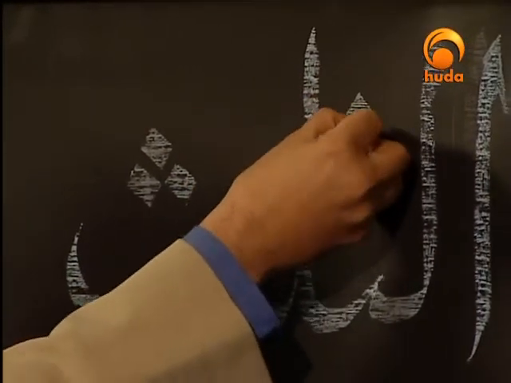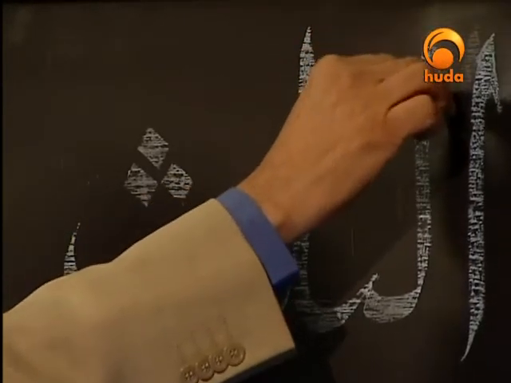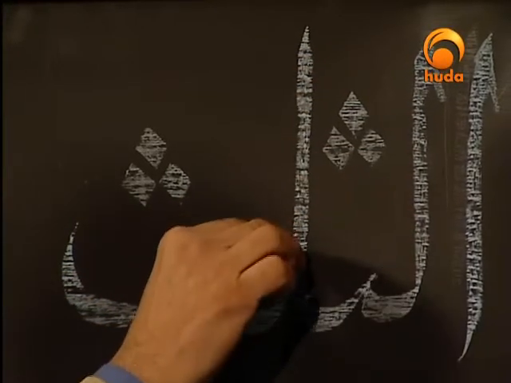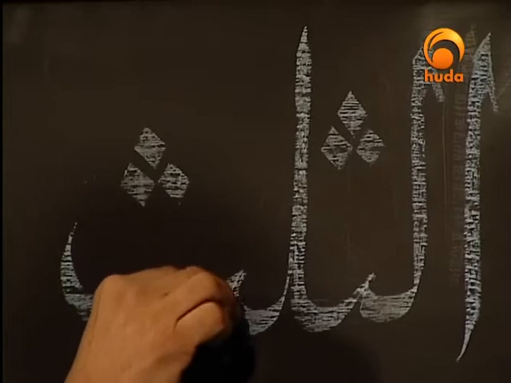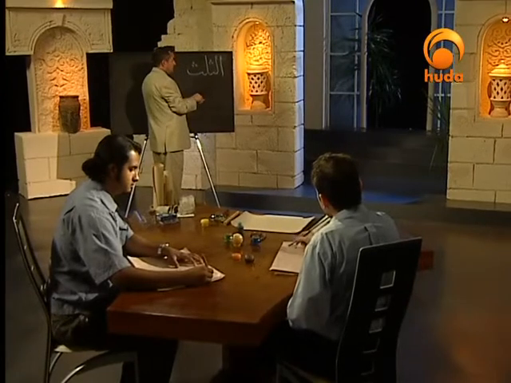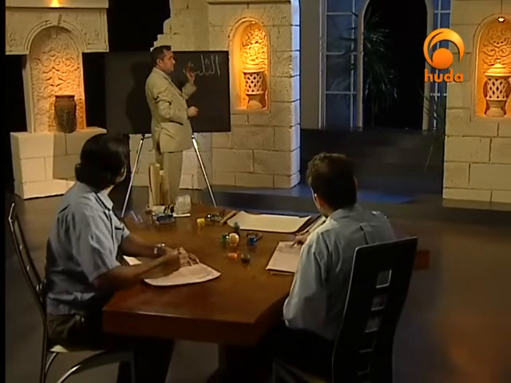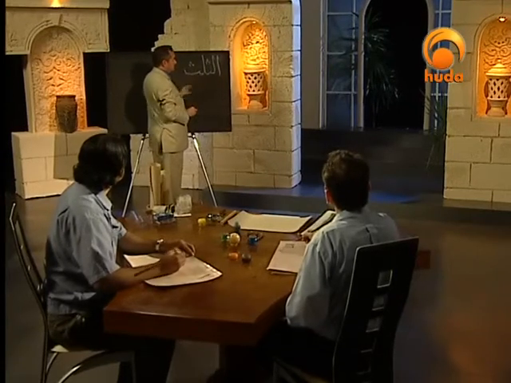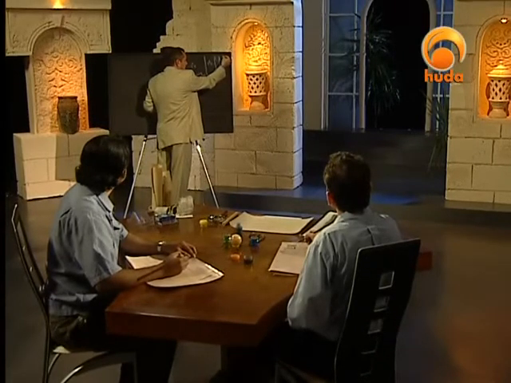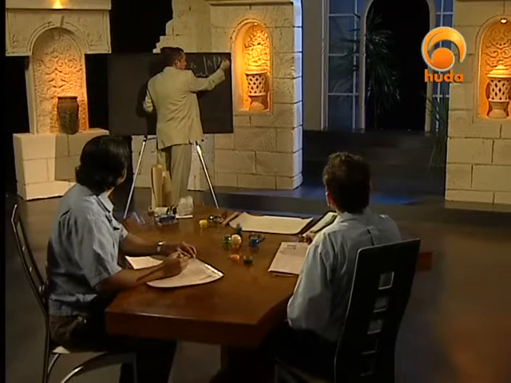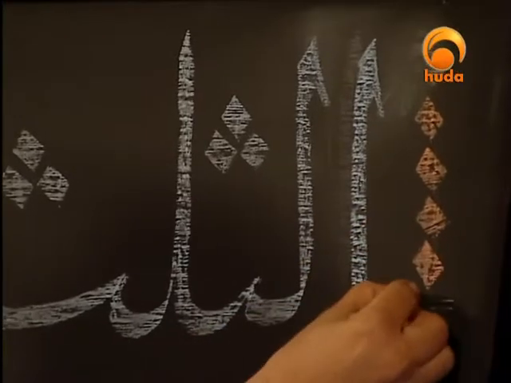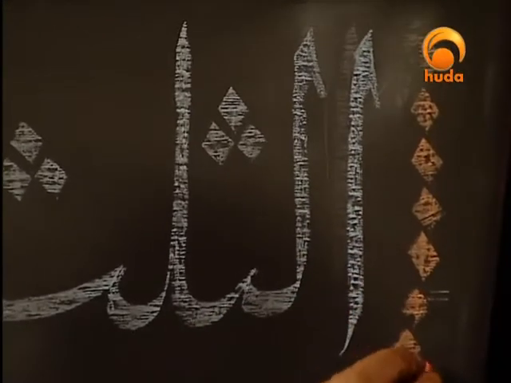Thuluth style. As an idea about the measurements of this font or this style, it measures generally like this: 1 dot, 2 dots, 3, 4, 5, 6, and 7.